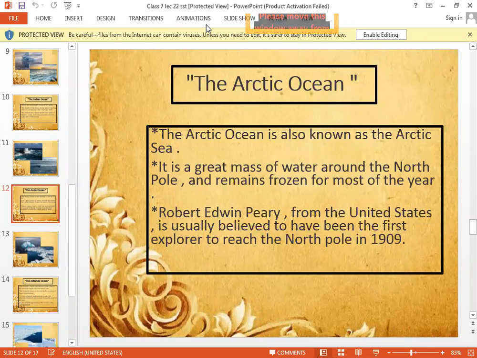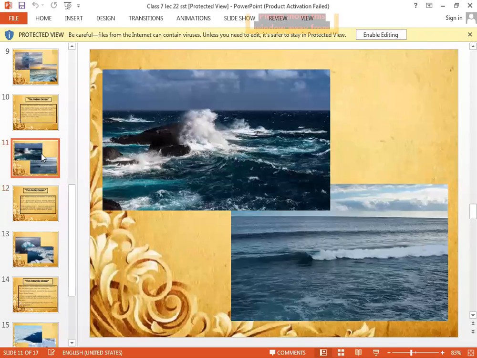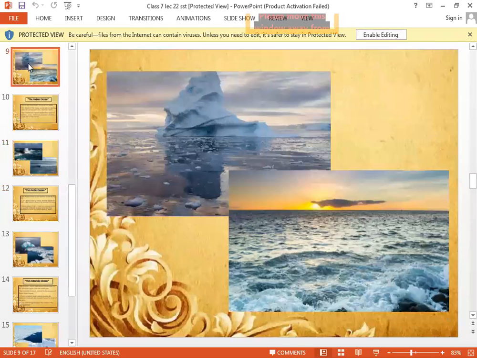In the North Pole, not because of the glaciers. Glaciers are a different thing. You can see this is the picture of the glaciers. Glaciers are like this, and this is the Atlantic. The Arctic Ocean remains frozen.